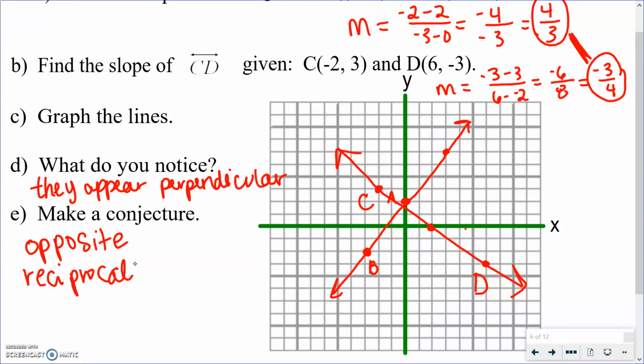So one's positive, one's negative, and then they're the flip of each other. And that means opposite reciprocal slopes mean perpendicular. Okay, so if two lines have opposite reciprocal slopes, they are perpendicular lines.